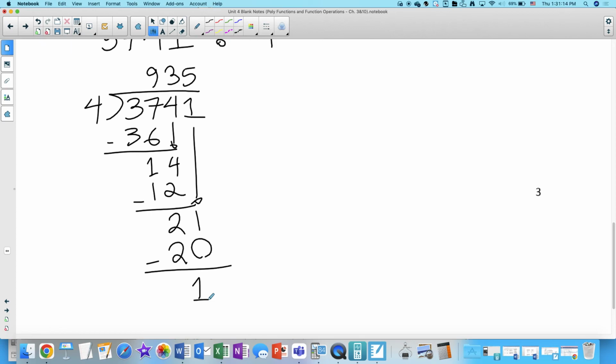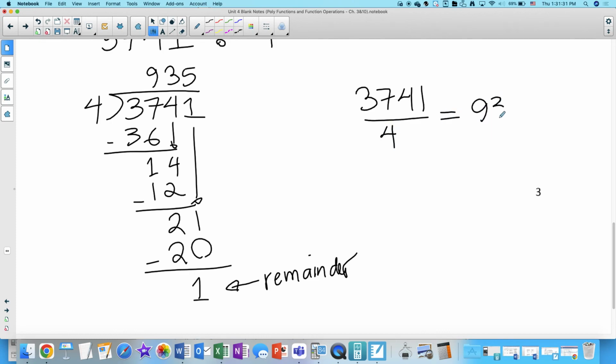We could say 3,731 divided by 4 equals 935 remainder 1. Or we could say 935 and 1/4.